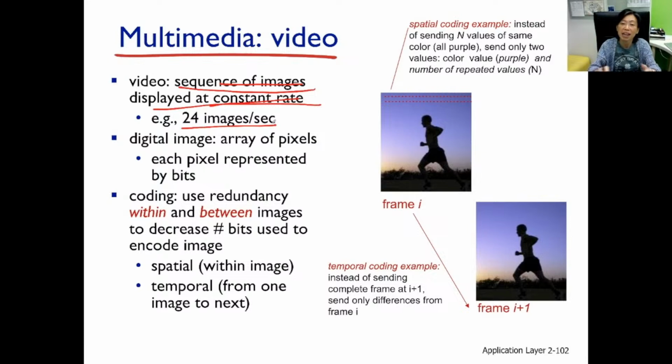So Polly right now is sending 30 images per second, or sometimes it's also called 30 frames per second. Your display will be displaying 30 images per second as well. Now, 30 images per second is actually pretty low. Therefore, from time to time, you see Polly's action is a little bit awkward, not exactly smooth.